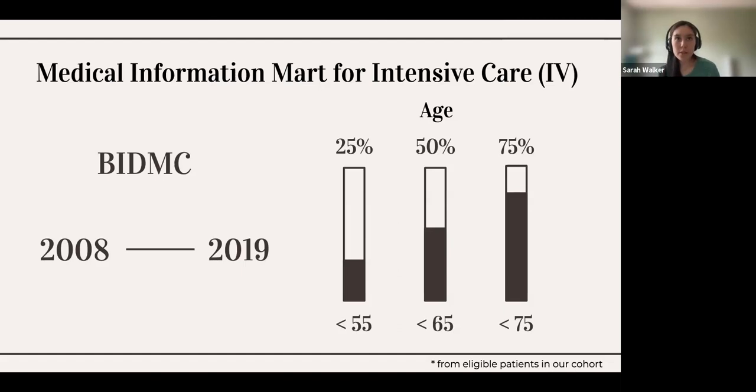There's about 40,000 unique patients or 70,000 unique patient stays, as one patient can be admitted and then discharged and readmitted later on. And these patients span from about 2008 to 2019 inclusive. And generally, these patients skew on the older side. From the patients that we're looking at specifically, most of them are over the age of 65.